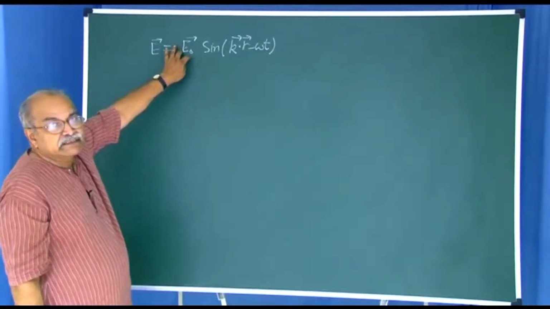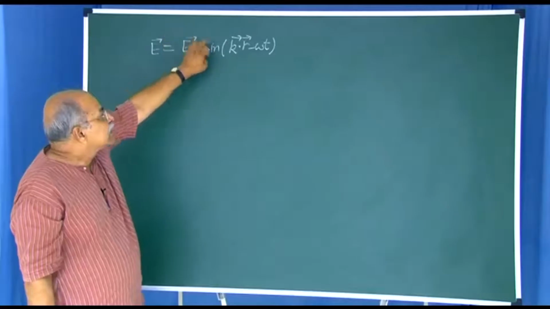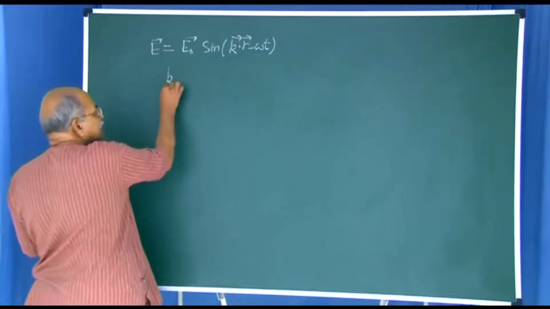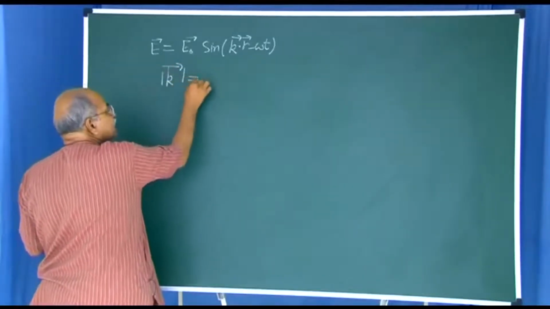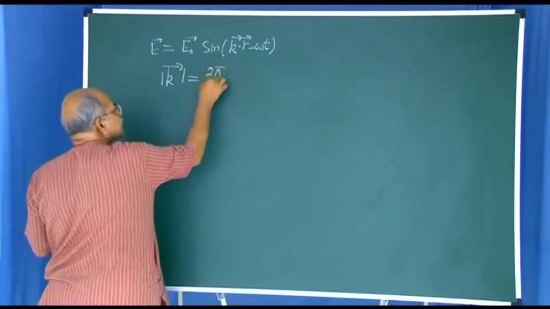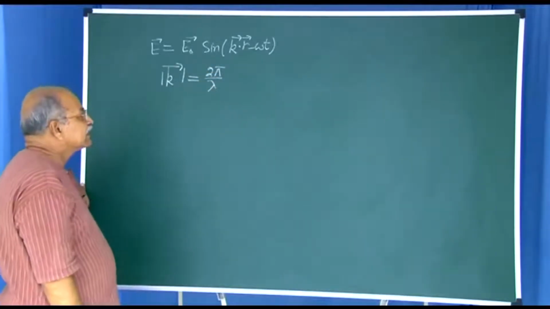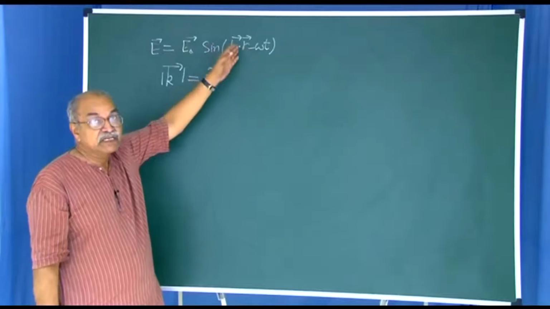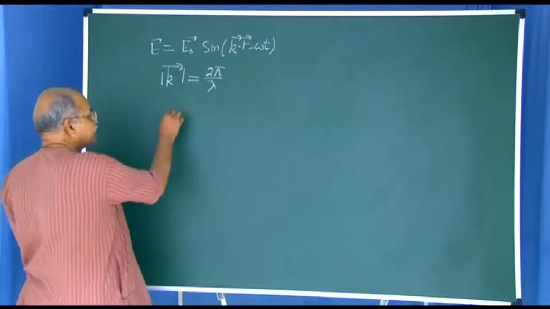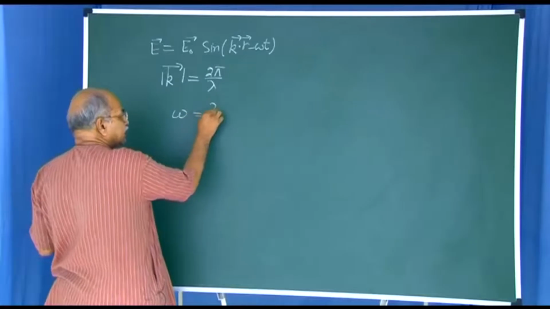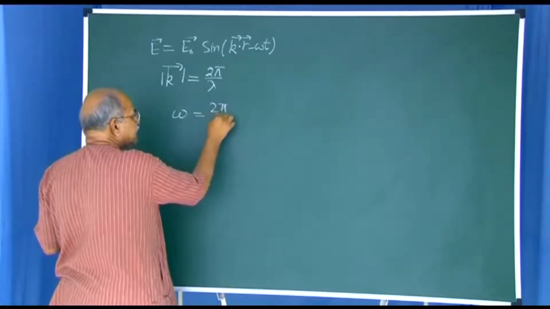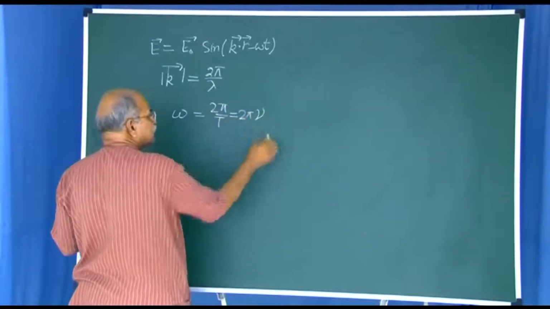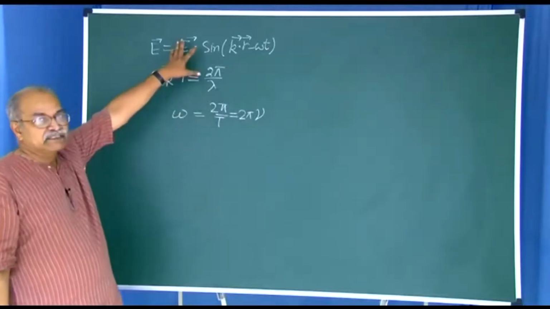This E naught is the amplitude of electric field, K is a propagation vector, and the magnitude of this K is related to the wavelength, and the relation is this magnitude is 2 pi by lambda. R is the space point where this electric field is being talked about. Omega is the angular frequency related to time period, 2 pi by T, and in terms of frequency it is 2 pi times nu. So, these are the parameters.